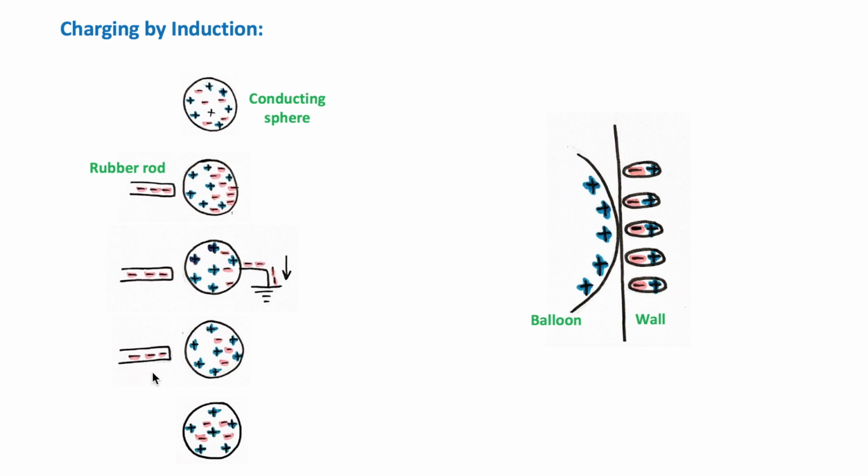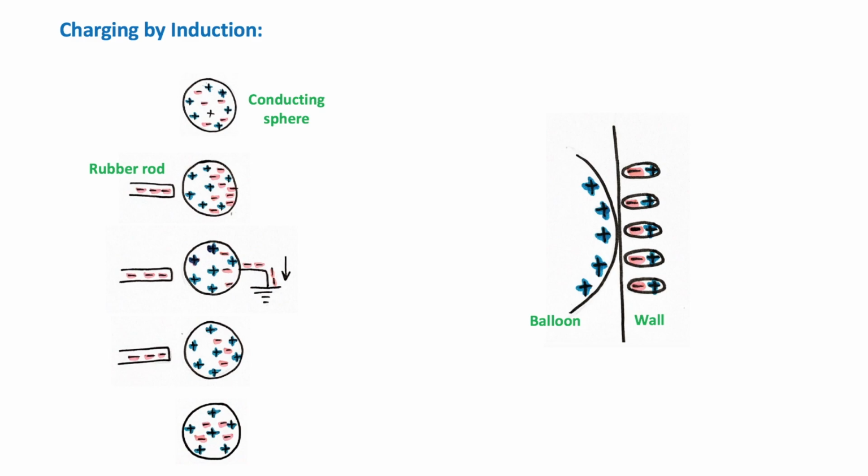And if we remove the rubber rod from the vicinity of the sphere, the induced positive charge will remain on this conducting sphere. Okay, and so this is charging by induction, and a similar process can also happen in insulators if a charge is brought near an insulator. Okay.